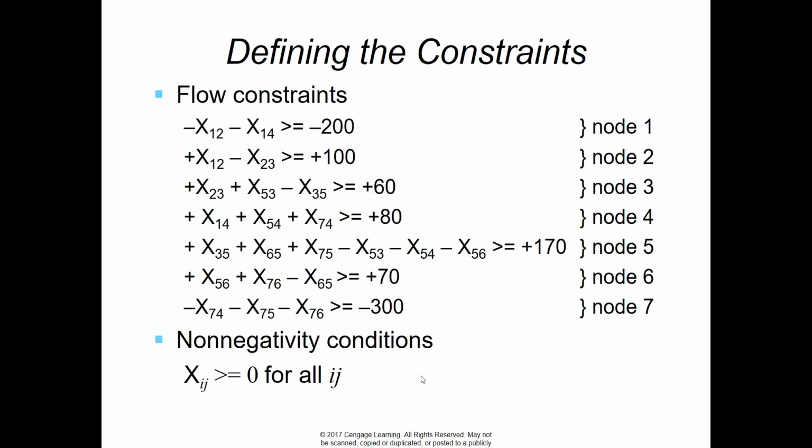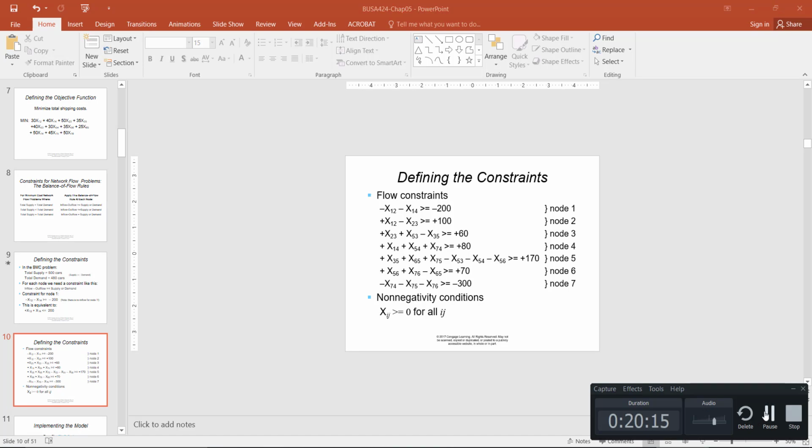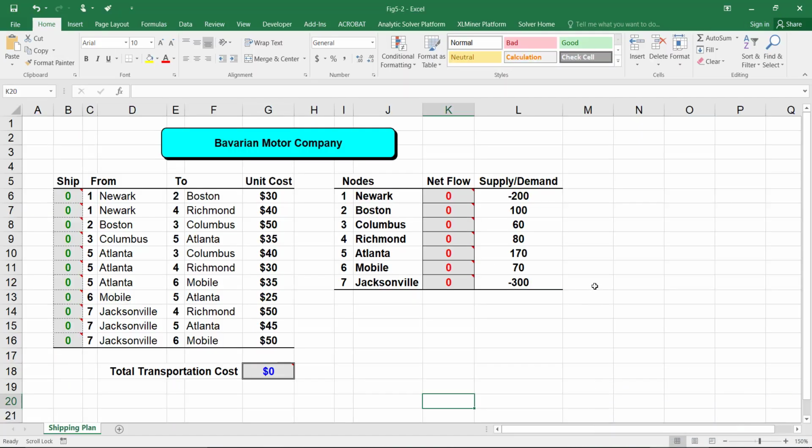Okay, so let's model this problem in the Excel solver. The effective way to model this problem in Excel is to write the arcs. That means you write the arcs that we have, or the decision variables that we have. Start with the lowest number, in this case 1, and then on the other side write the available nodes.